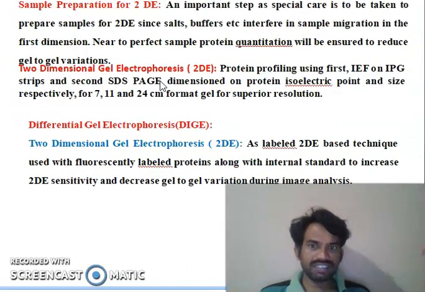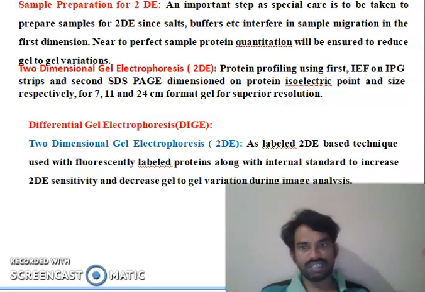And the next one you can see here, sample preparation for 2D. The important step is that special care is to be taken to prepare the samples in 2D, since salts and buffers etc. interfere with sample migration in the first dimension. Near perfect sample protein quantitation will ensure reduced gel to gel variations.